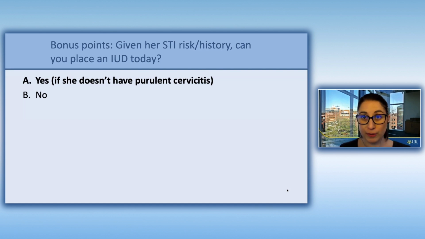She is in a risky age group, sure, for both STIs and pregnancy prevention, but unless you are seeing evidence of active cervicitis or pelvic inflammatory disease at the time of insertion, cervical motion tenderness, something like that, there's no contraindication to placing the IUD today. Again, you'll do a swab for STIs at the time, and you'll treat them if they pop up. You'll give symptoms to look out for, abdominal or pelvic pain, which happens with IUDs, and keep close eyes on the patient if they have a positive STI test at the time of insertion, but it is not a reason to not place it.